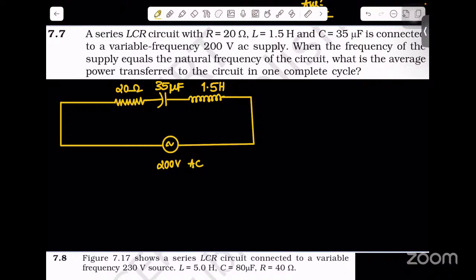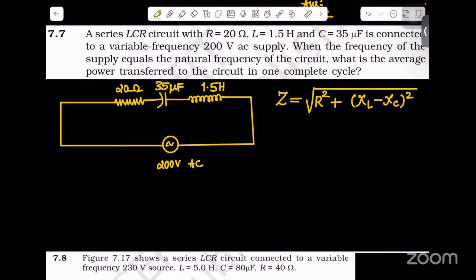So we have been given all the values, and first we need to find the impedance of the circuit, right? Impedance Z, which can be given as the square root of R squared plus the inductive reactance minus the capacitive reactance whole squared. Okay.